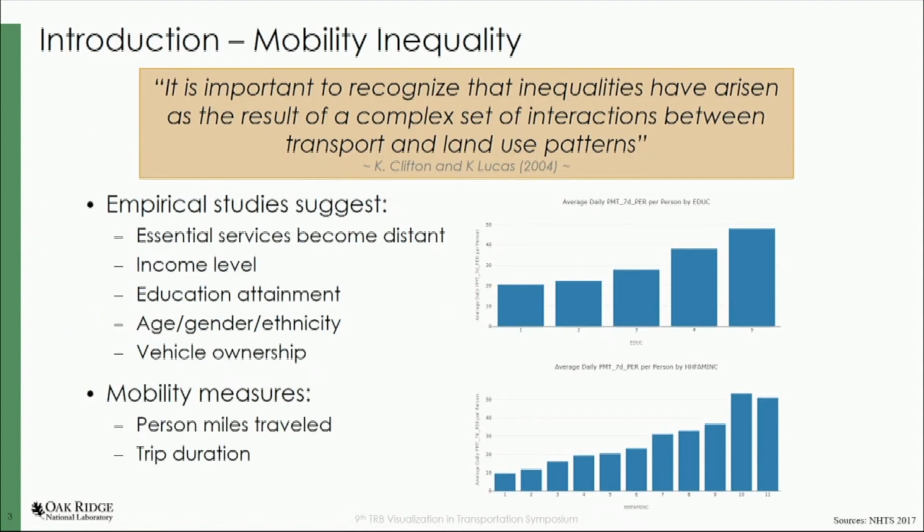So just a brief introduction. There are some studies that I've done on mobility and inequality, and most of them looked at things like accessibility to transportation. But it is important to recognize that inequality has arisen as a result of the complex set of interactions between transportation and land use patterns.